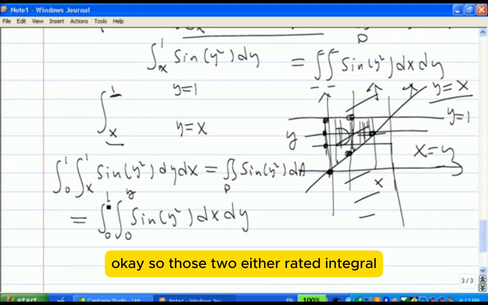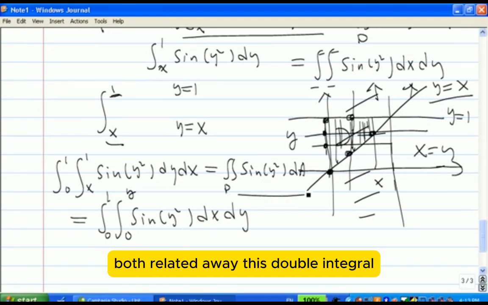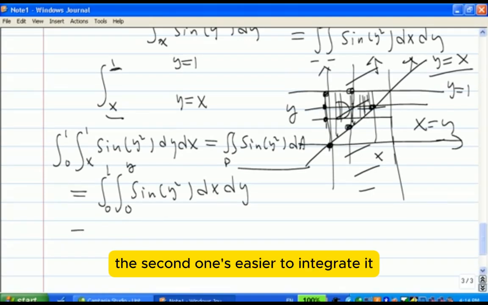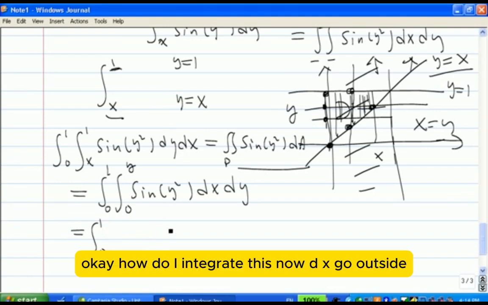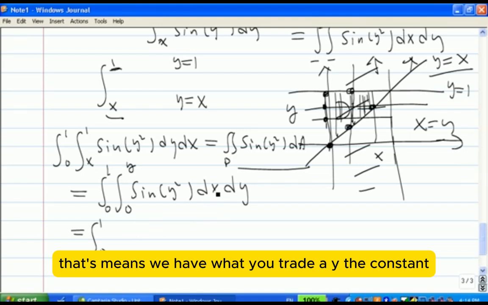Those two iterated integrals are both related to this double integral, so they're equal. However, the second one is easier to integrate. The first one is impossible. How do we integrate this? Now dx goes inside, so you treat y as a constant.